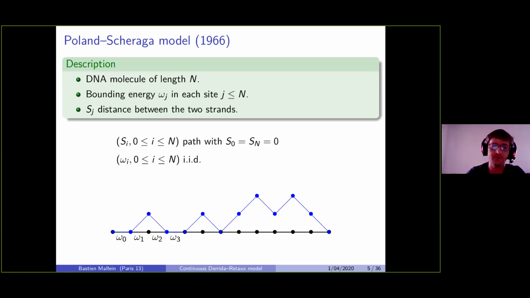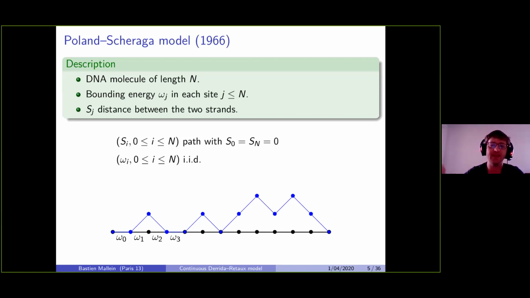The model that was proposed is this: you take a path S_n, where you can jump by +1 or -1, or if you're at position 0, you can also go straight. And you put random binding energies on the edges of the bottom wall.